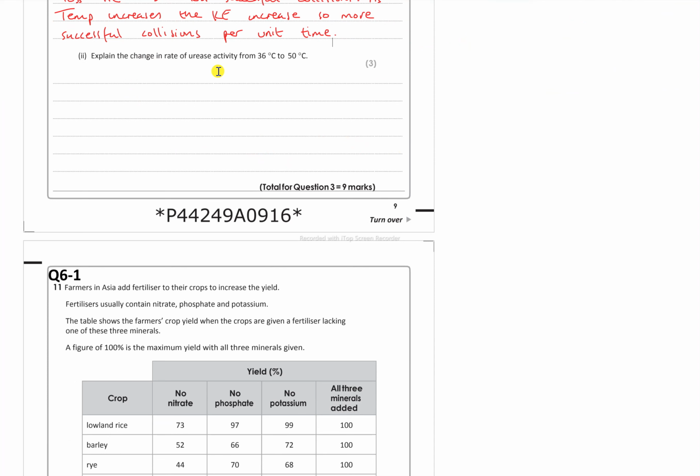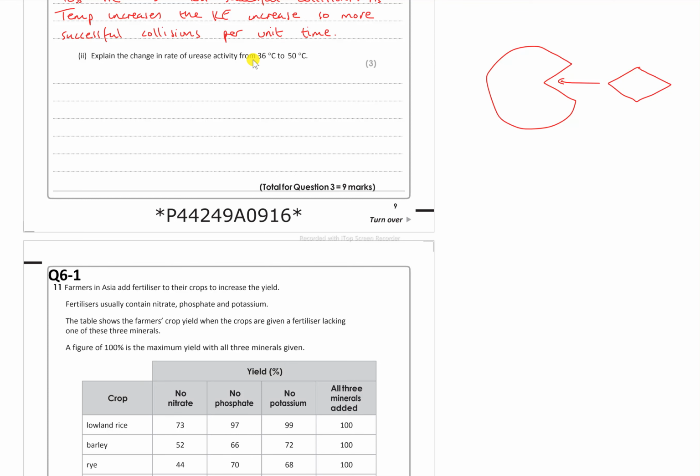Now explain the rate of change from 36. So we said after the optimum temperature, activity starts going down because the enzymes denature. The active site changes shape. Remember that molecule, it fits into there perfectly.